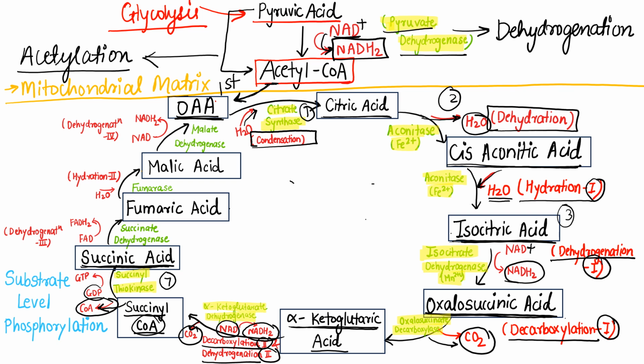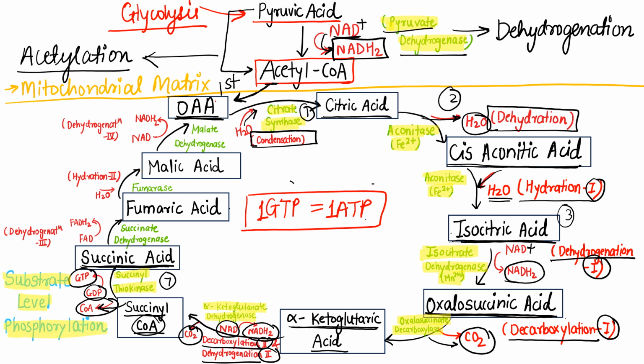And here GDP gets converted to GTP. Now GTP is nothing but ATP. So 1 GTP is equal to 1 ATP. And this is an important step because this is called as substrate level phosphorylation. Which step? Seventh step of Krebs cycle.